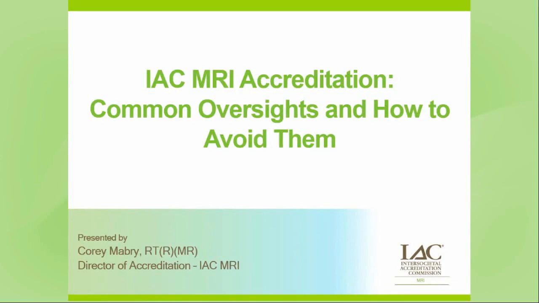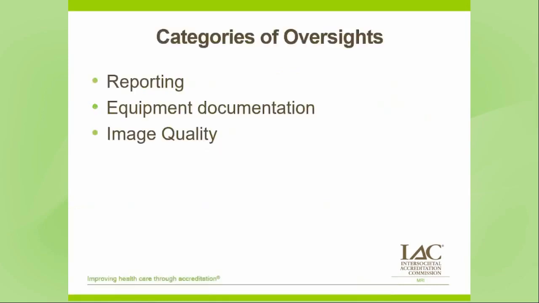In this webcast, we focus on the common oversights that are encountered with IAC MRI accreditation and how to avoid them. Here are the most common categories of oversights, listed in order of frequency, that are identified during the IAC MRI physician, physicist, and technologist peer review process that require additional documentation.